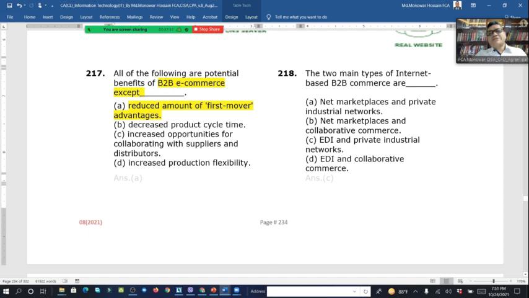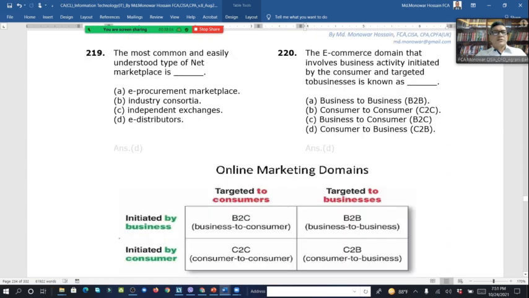The two main types of internet-based business to business e-commerce are here. Two main types of business to business e-commerce are EDI and private industrial network. The most common and easily understood type of net marketplace.